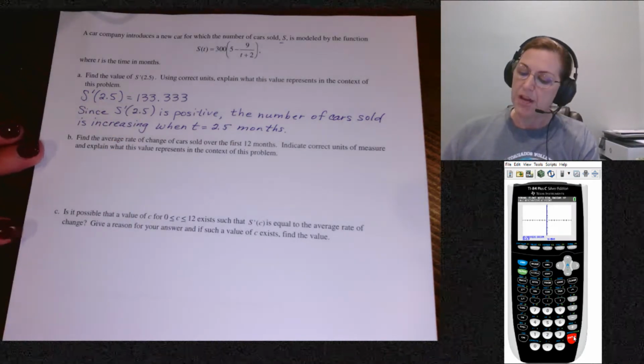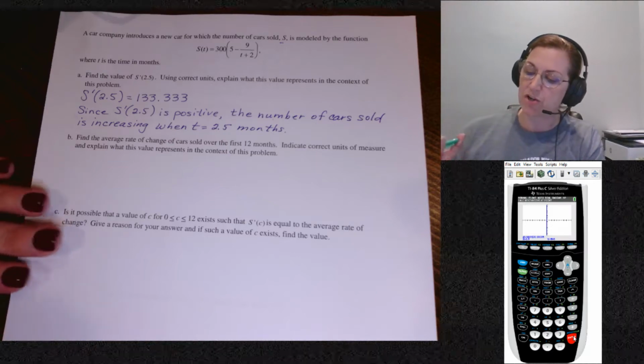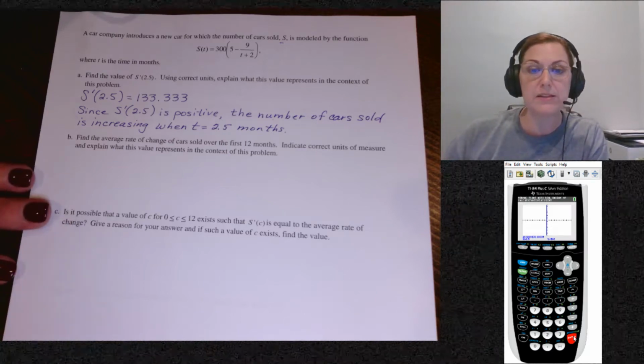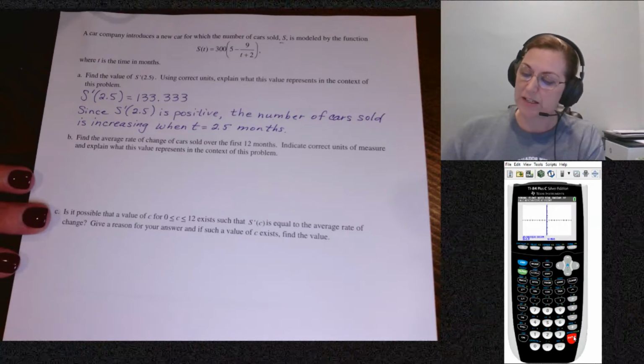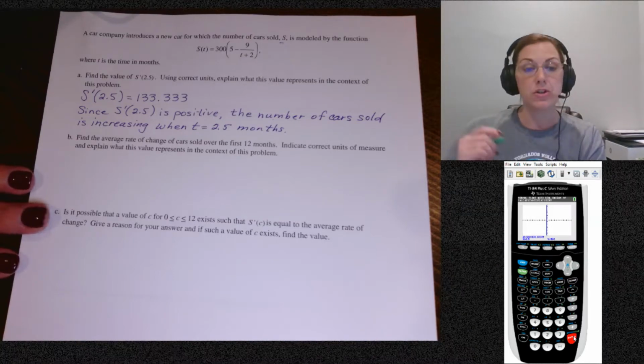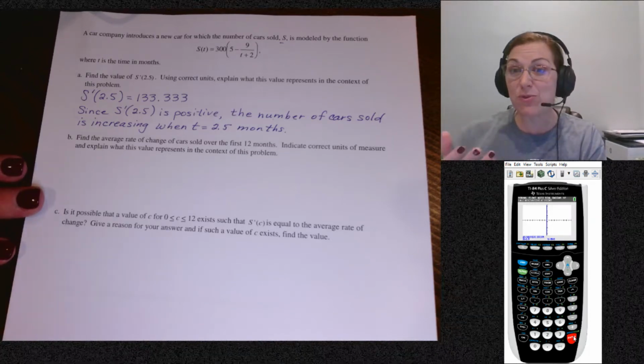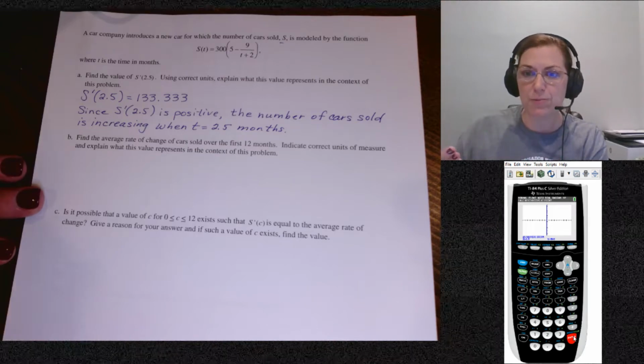Okay, look at B then. It says find the average rate of change of the cars sold over the first 12 months. Include correct units. Explain what this value represents in the context of the problem. So average rate of change, if you've seen some of my other videos, you know I refer to this as the slope algebra way.